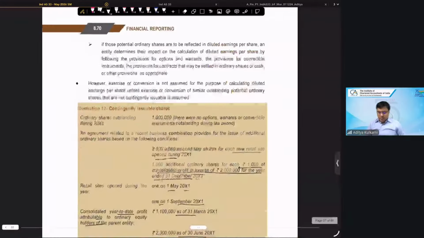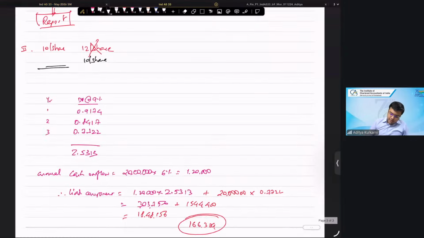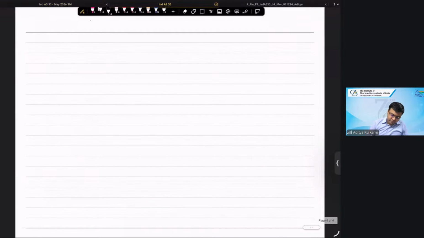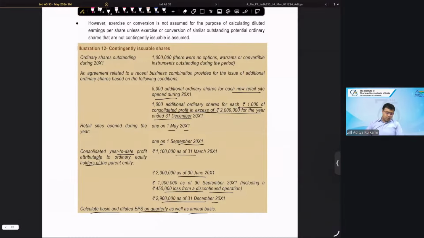Okay, fine. So first what we will do is we will calculate on an annual basis. This is illustration 12. This one is slightly important, so you can just note down. Basic EPS. What is your basic EPS?